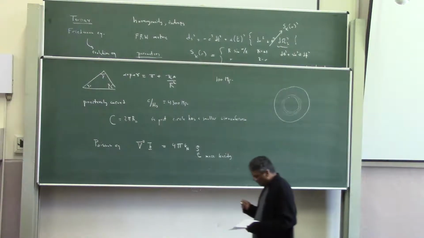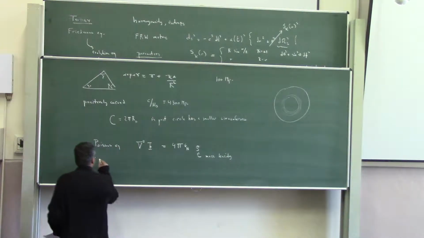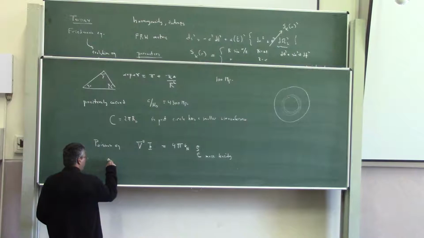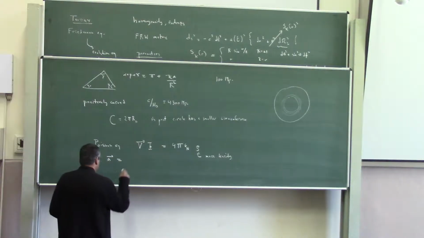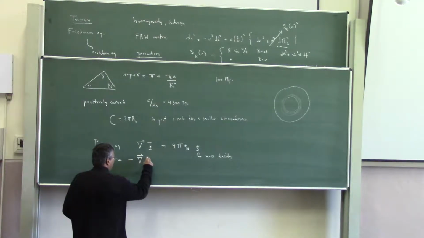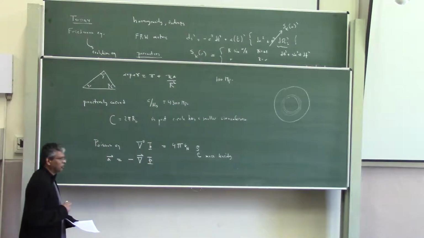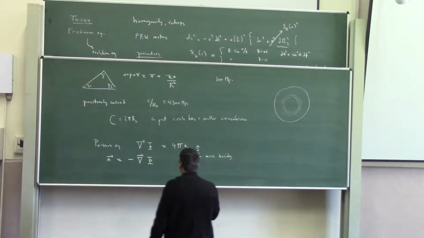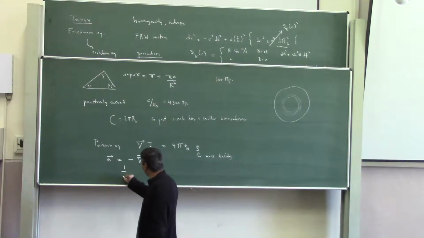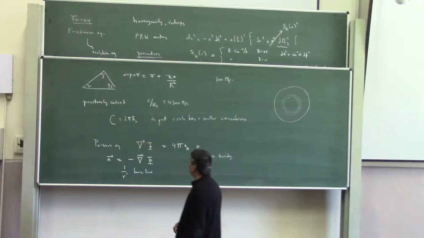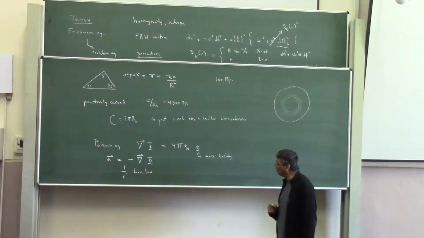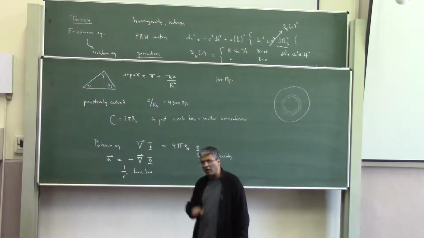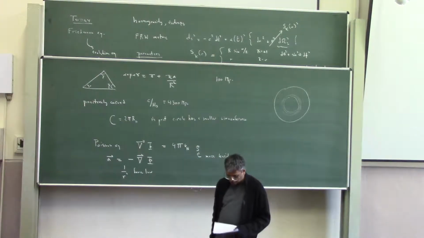So the gravitational potential tells us the acceleration due to gravitation is minus the gradient of this potential phi. Okay, so we have a 1 over r squared force law. So the force due to gravity between two test masses falls off as the inverse square of the distance between the test masses.